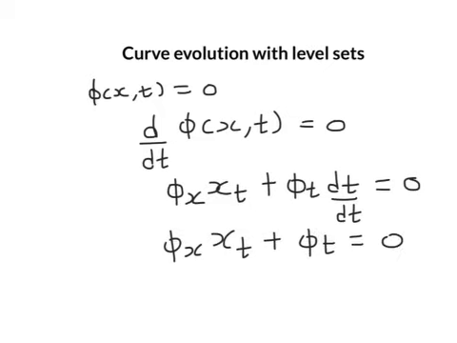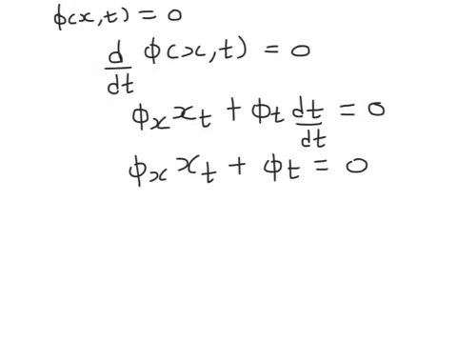and now one of the relationships that we can exploit is this temporal derivative of x along the normal, the unit normal actually, is given by the speed function.